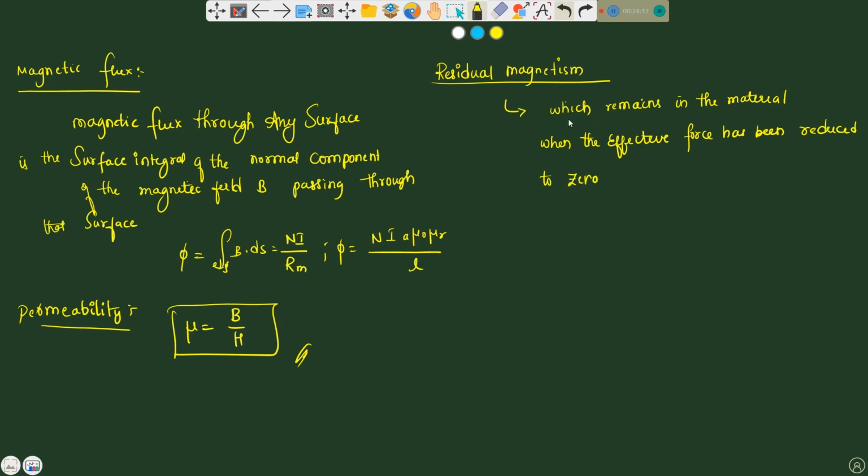Even when you reduce the voltage to 0, there will be some residual magnetism stored.